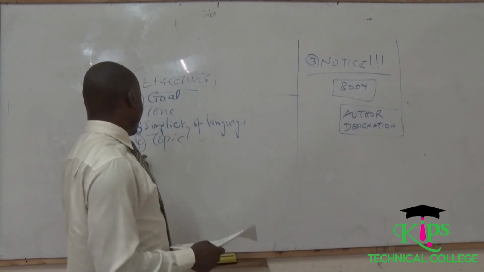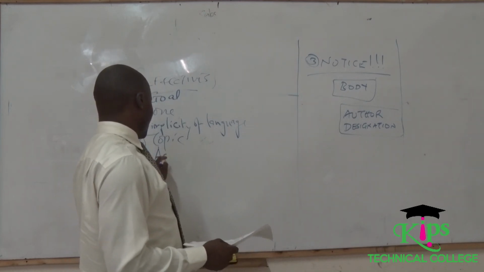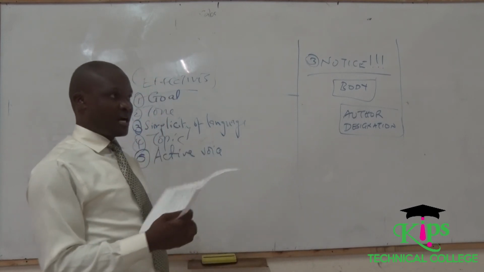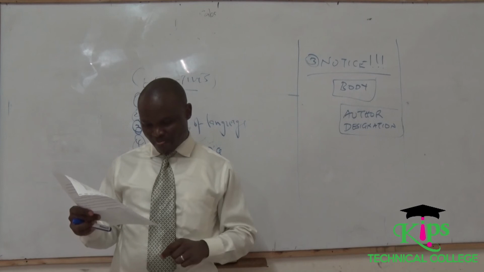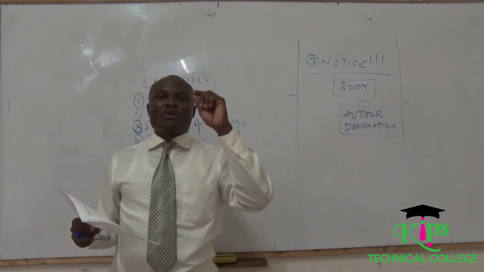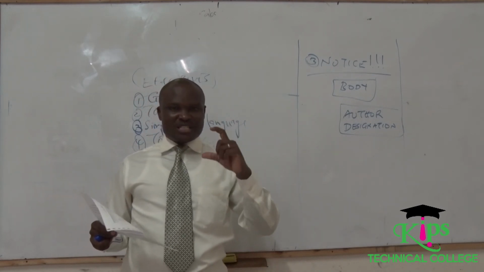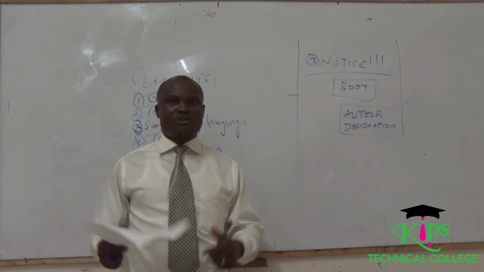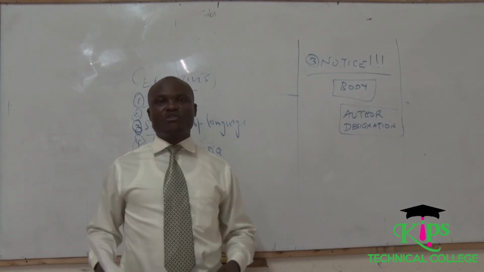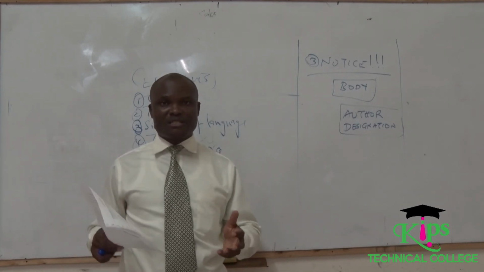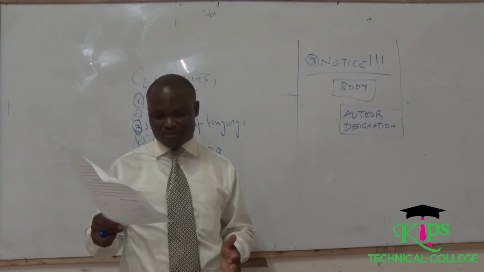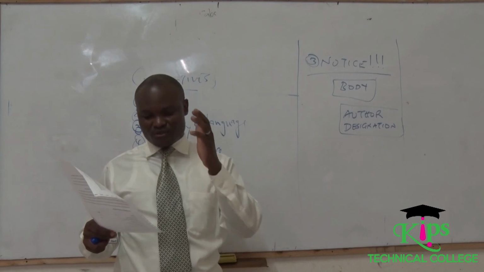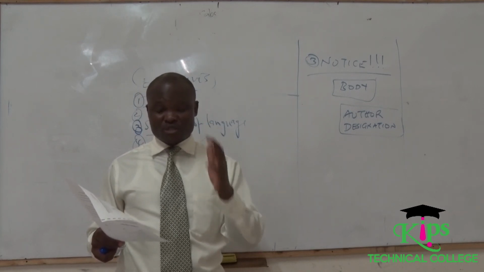Then the 5th item is using active voice. An active voice connotes that whatever words you are choosing should be words that are moving your conversation. Because if they derail the message or give a negative impression, then automatically it will not give the best position.